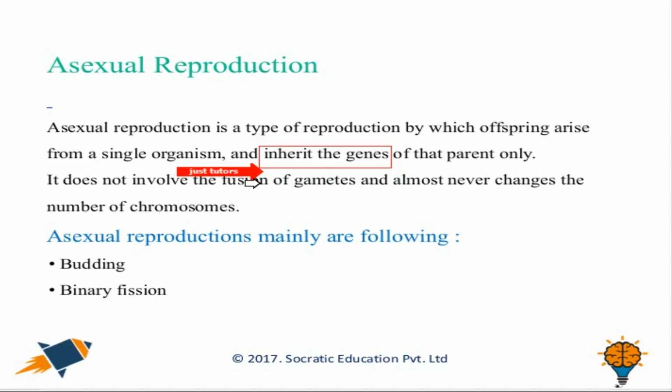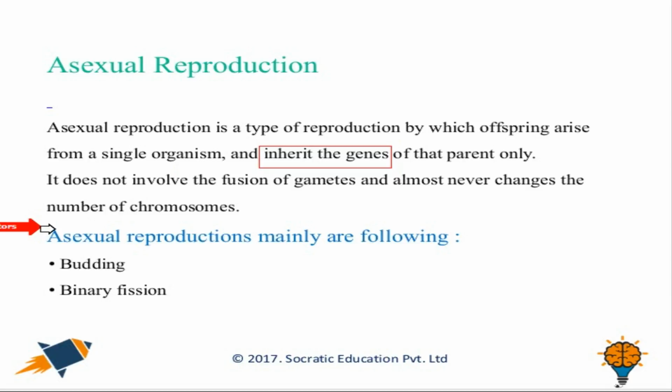It can match its mother or it can match its father. So this is how we can say that it inherits the genes. We get more idea later as the child or the newborn grows. It does not involve the fusion of gametes and almost never changes the number of chromosomes.